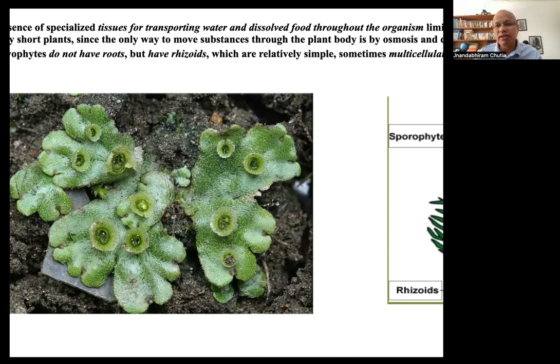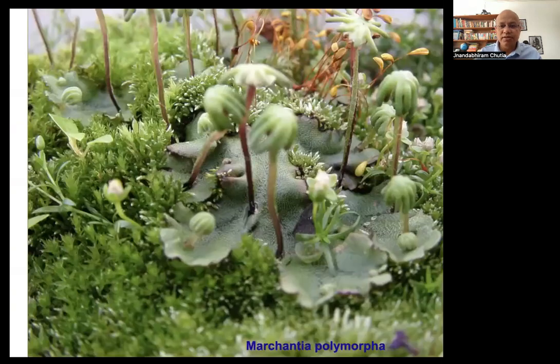But sometimes we find certain multicellular filaments of thin-walled cells. This is a very beautiful bryophyte which we observe, that is Marchantia polymorpha. If we look at the structure, we will see these are Antheridiophores and Archegoniophores, and this is the thallus body of the Marchantia.